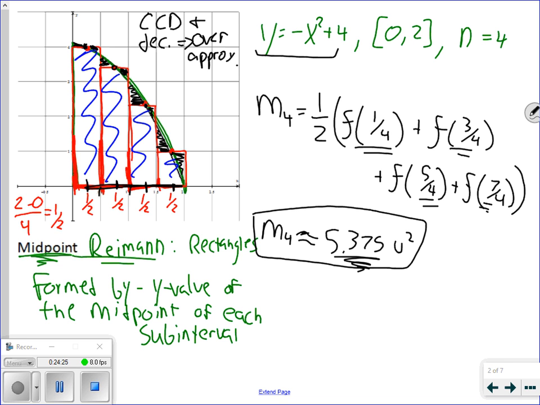Can't change this. I can't change this. But what else could I possibly change if I want to approximate a better area underneath the curve? What if I change this number? How would changing that number better approximate the area underneath the curve?